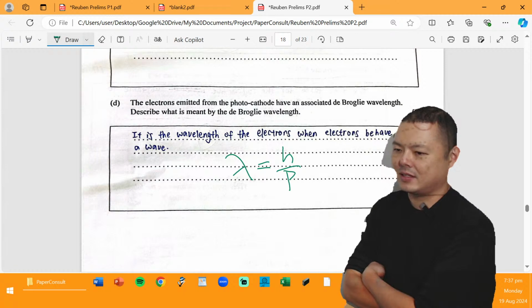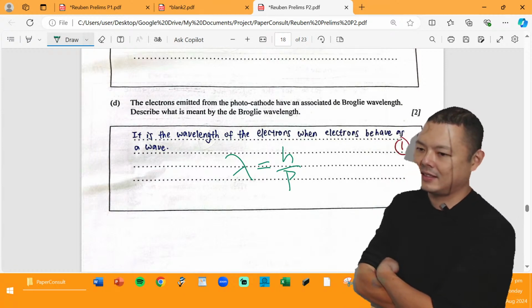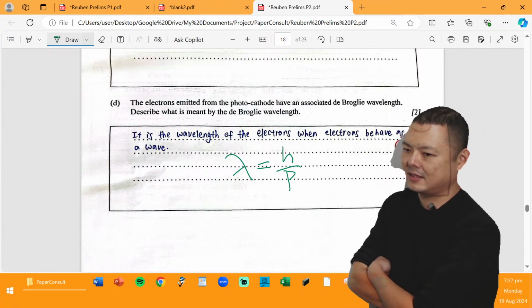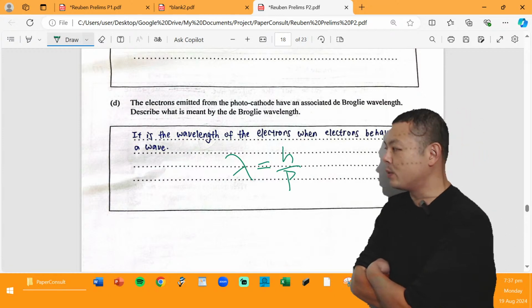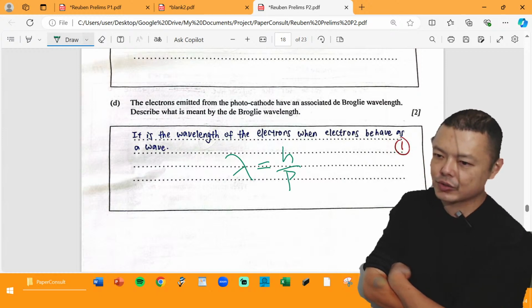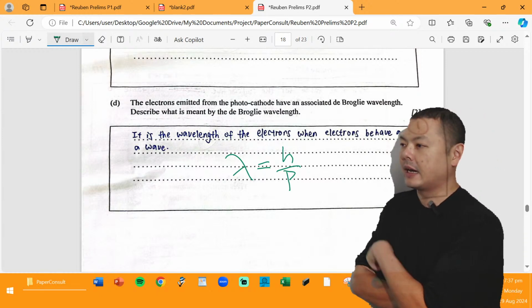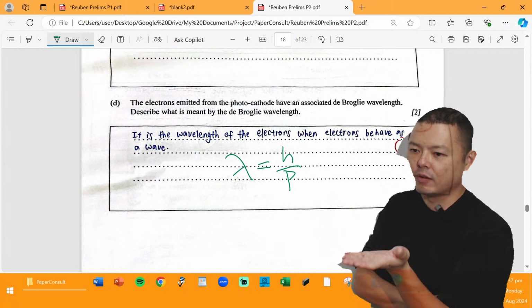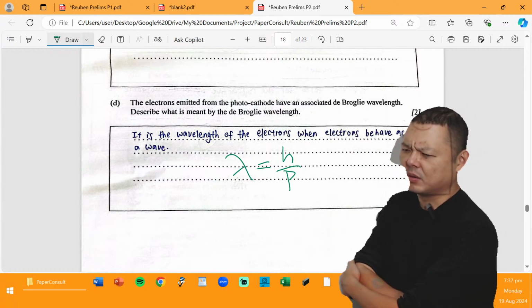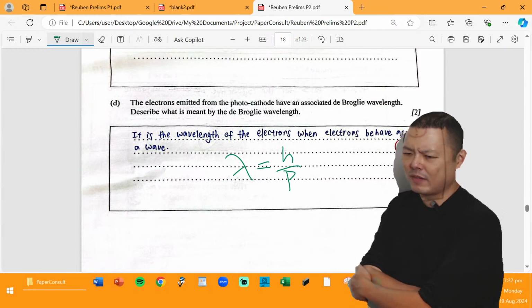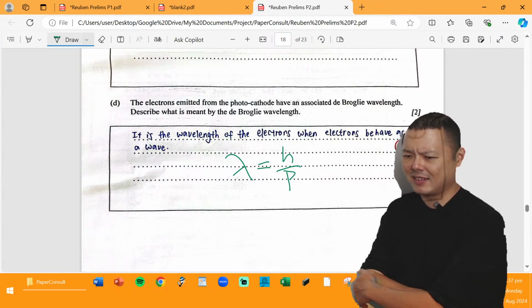Yeah, h is just a constant. But isn't it relative momentum? That one is when you use the de Broglie equation on photons. Let's say, for example, violet light.